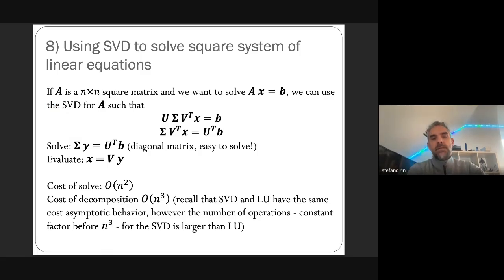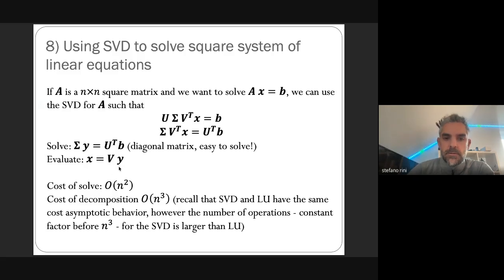Let's see one more application of the SVD, which is to solve a system of equations. If you have a square matrix and you want to solve Ax equal to b, then you do the SVD, and you first solve sigma times y equal to U transpose b. U transpose is a simplified inverse because this is a unitary matrix, so it's easy. Sigma is diagonal, so this is easy.